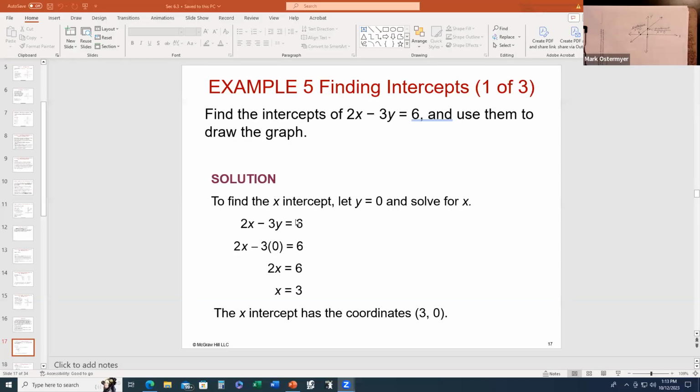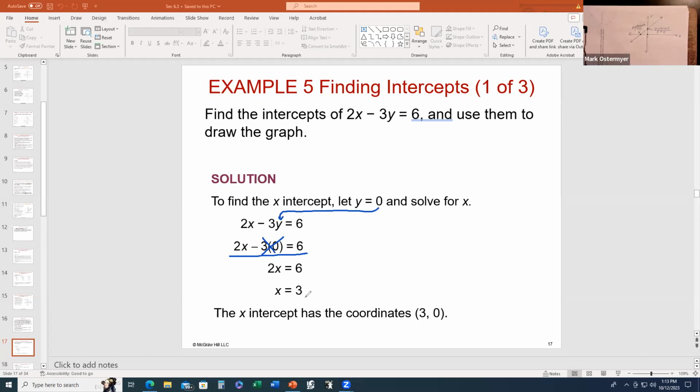All right, so to find the x-intercept, we let y be equal to 0. Take 0, substitute it into the equation for the y variable. So 0 drops in right here. Therefore, our equation now looks like this upon making the substitution. 3 times 0 drops out. We're left with 2x equals 6. We can easily solve for x. Divide both sides by 2.